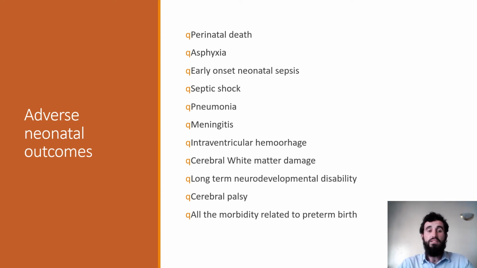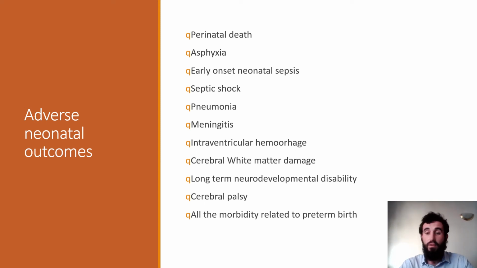Which are the adverse neonatal outcomes, and why is it so important to treat and to have an accurate diagnosis? It is because the newborns can have, after a chorioamnionitis, perinatal death, asphyxia, early onset neonatal sepsis, septic shock, pneumonia, meningitis, intraventricular hemorrhage, cerebral white matter damage produced by the asphyxia, long-term neurodevelopmental disability such as cerebral palsy, and all the morbidity related to preterm birth.